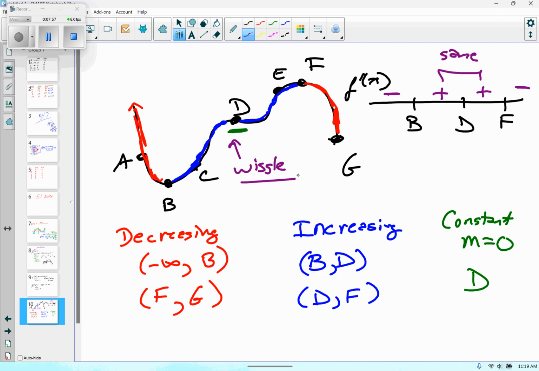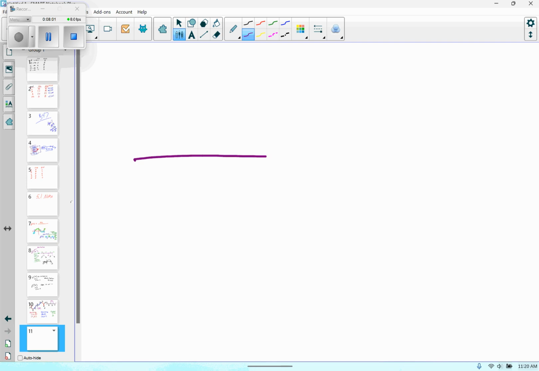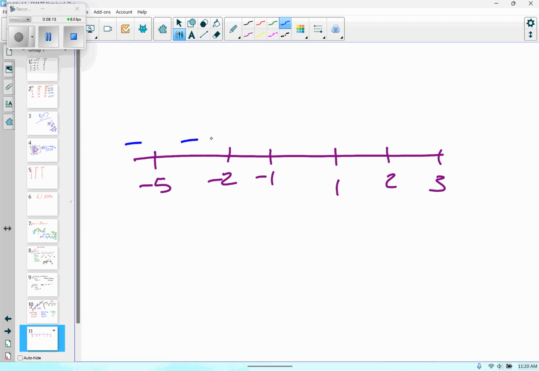If I have two of the same signs in a row, that could take place. So if I did a really obscure example, let's say we had -5, -2, -1, and 1, 2, and 3. Let's say it was negative to negative, positive to positive, negative to positive to negative.